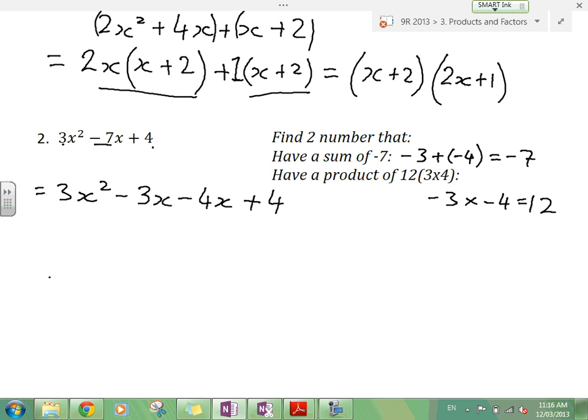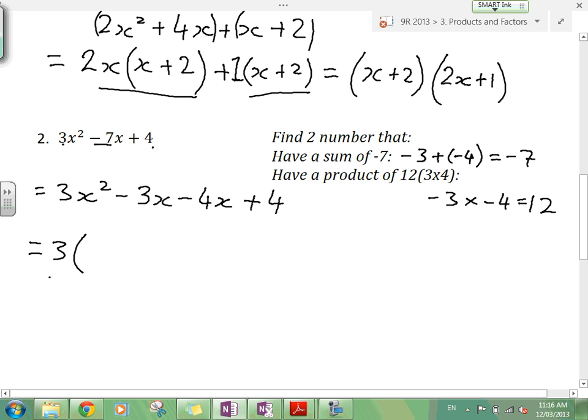Now I'm going to factorize these. I'm going to look at these two pairs and factorize each half. So, Matt, can you factorize the first two terms for me? You've got 3x squared minus 3x. What's the common factor? Good, 3x.